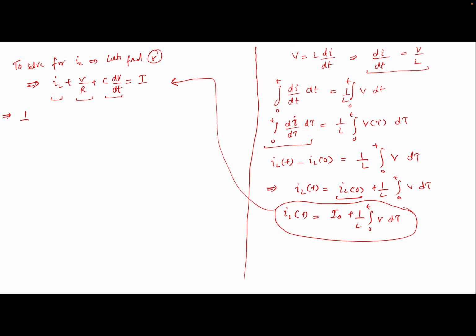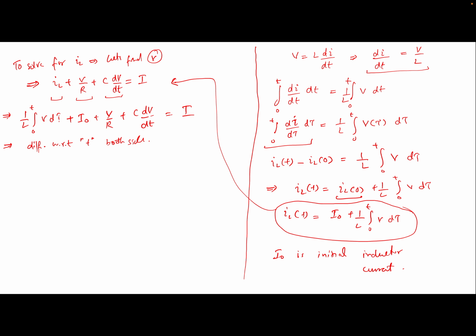IL will be replaced by 1 over L, 0 to t, V d tau, plus I naught, plus V over R plus C dV by dt equals I. Again, I naught over here is the initial inductor current. I'm going to differentiate this equation with respect to t on both sides.